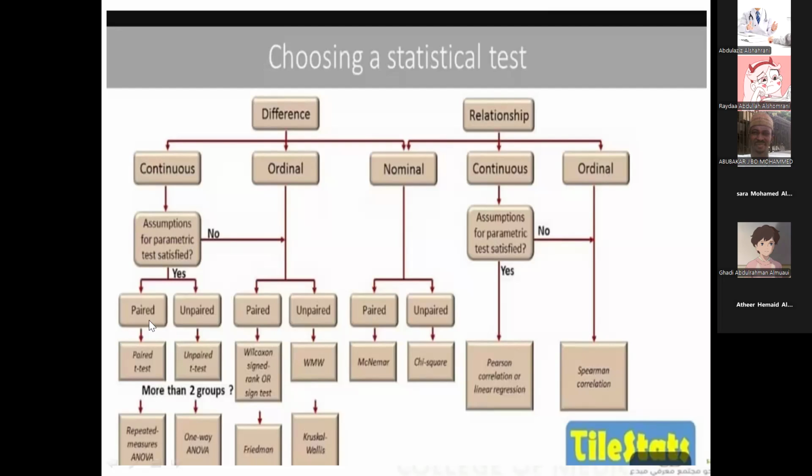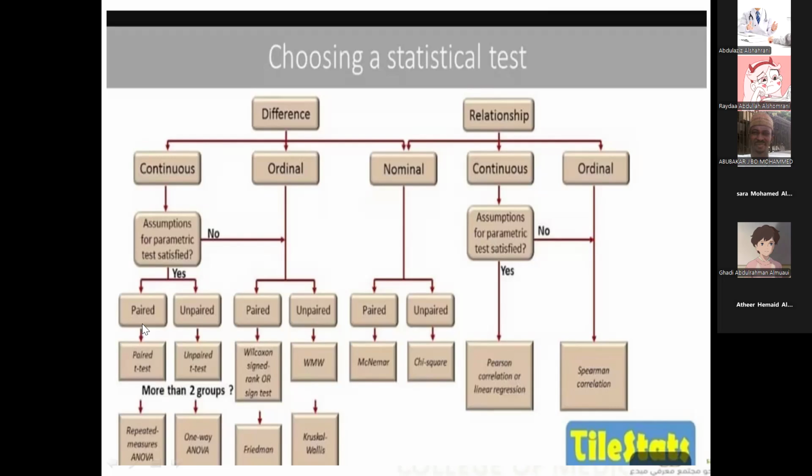Now, assuming the data is normally distributed, you now look at the way the process was done. Is it paired data? The simplest way to understand paired data is a before and after study. For example, you want to have a study about the blood pressure or the blood glucose level.